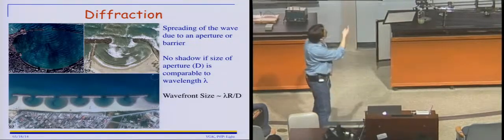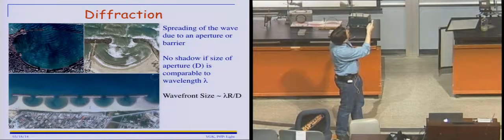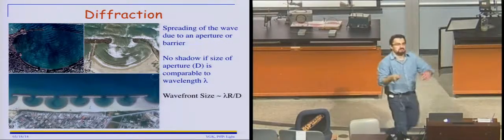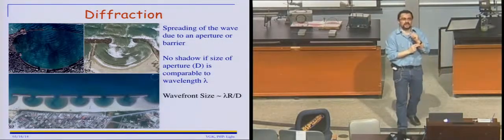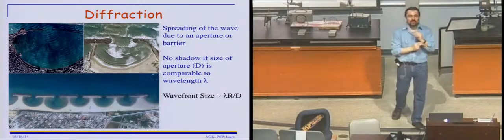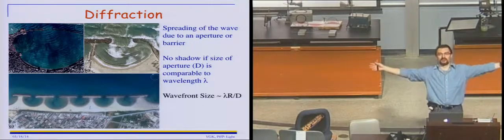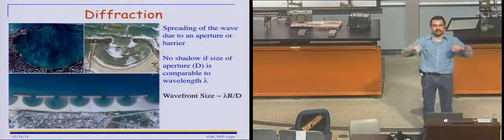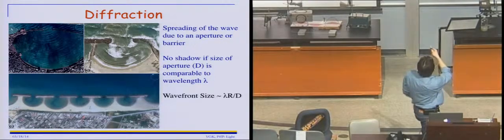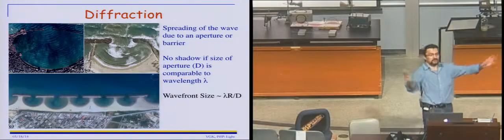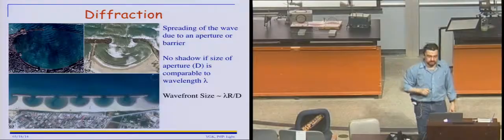So if the wavelength is comparable to the size of the aperture, this ratio, wavelength over the aperture diameter, is of order 1 in radian units, which corresponds to a large spread of the waveform, of the order of 60 or maybe even 90 degrees. So the wavefront that comes at an aperture spreads out into a larger angular distribution.